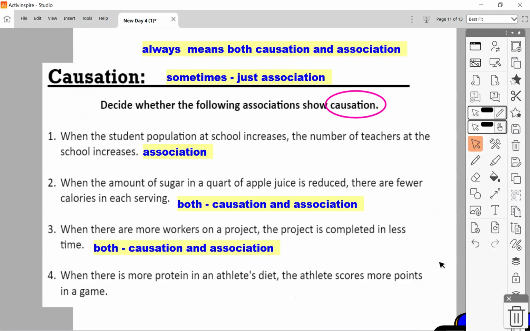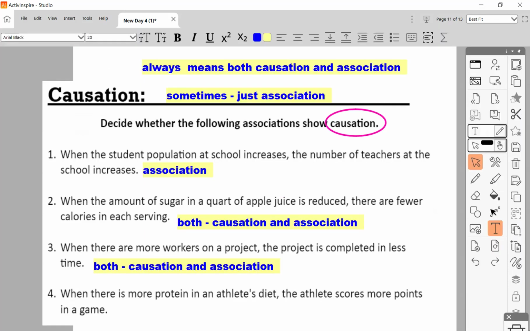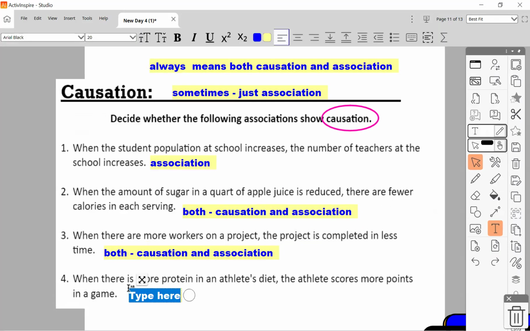So think about that one. When there is more protein in the athlete's diet, that means if they eat more protein, it actually causes them to score more points in the game. Is that a causation? Does protein actually make you earn more points? No. It might seem like it. It depends on other things that they're doing.